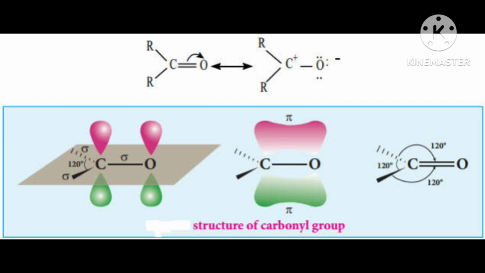Then I told you how you will do numbering here, alpha, beta, gamma. The carbon to which CHO is attached, that is alpha carbon. Next to that, ortho position, that will be called beta, and next to ortho, meta position, that will be called gamma.